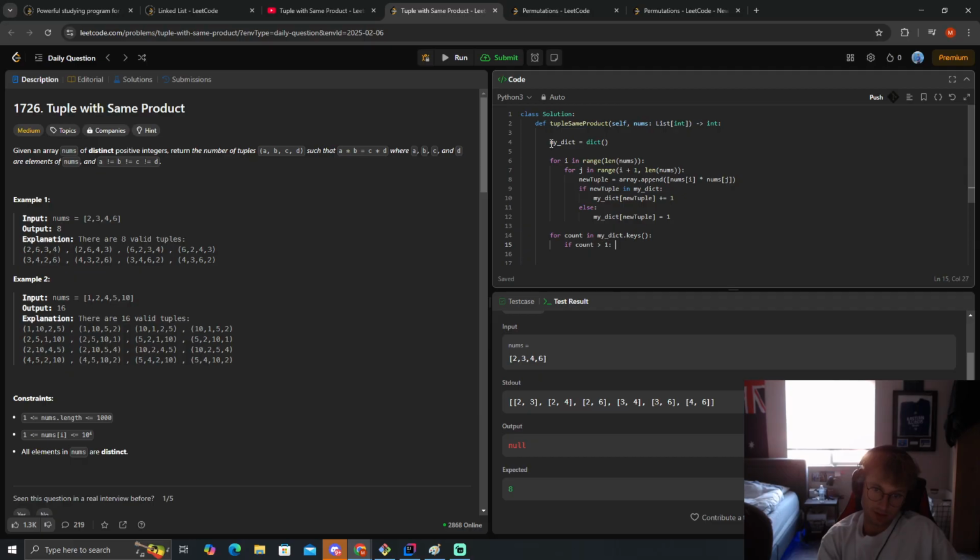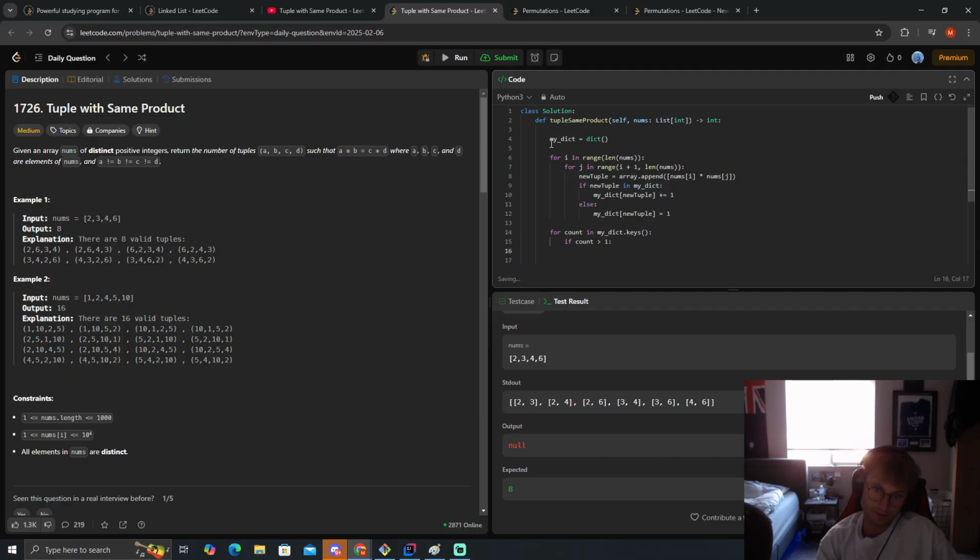Count is greater than 1. So if the count is greater than 1, then we do, wait, hang on.